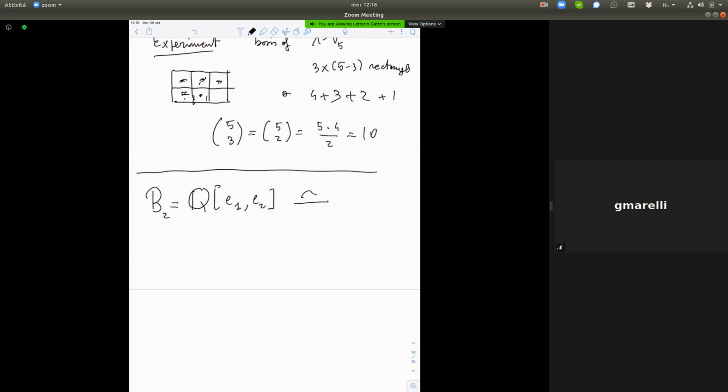This ring is isomorphic as a vector space to wedge 2V, where V has infinite dimension. I mean, V is the sum of Q b_i, i bigger than 0.